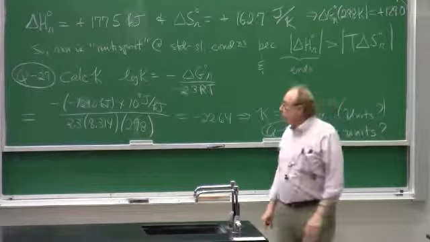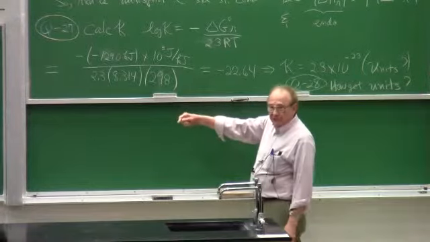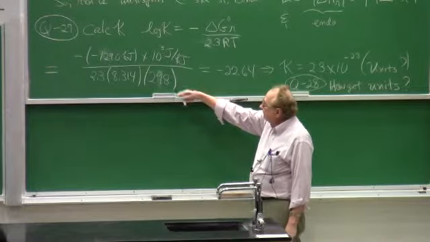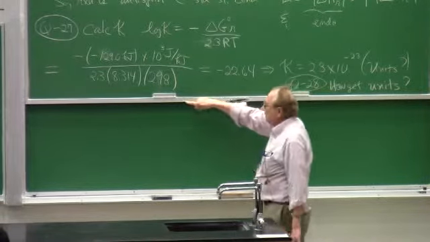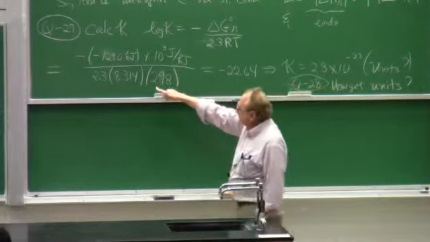So here's our K calculation at the temperature 298 K. I put in the numbers. For convenience, I left out the units. This is R in joules, because you've got to make sure the energy units on delta G0 and R match.